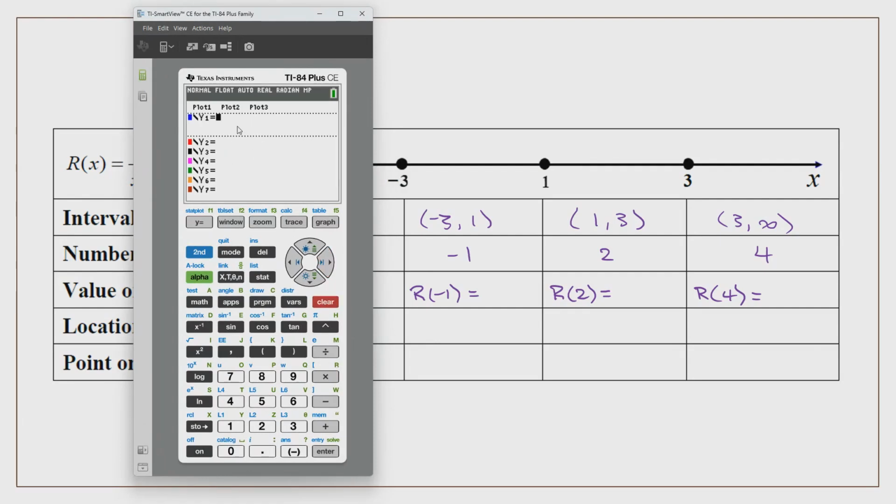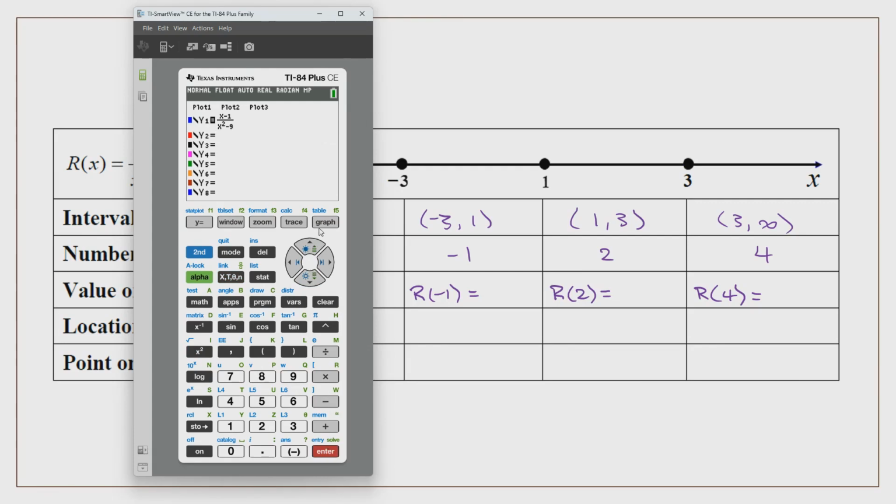So you'll clear whatever equation you previously had there, or you can reset your calculator. We're going to enter in our function. So this will be x minus 1 in the numerator, and then x squared minus 9 in the denominator.